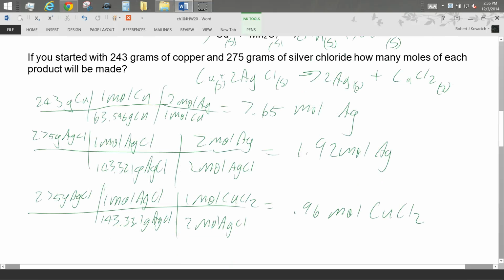The point of this is, what's the relationship between these two things here? What's the relationship between 0.96 and 1.92? That is exactly double that.